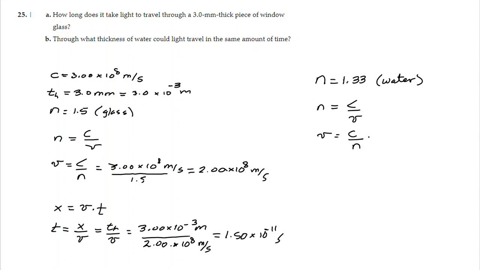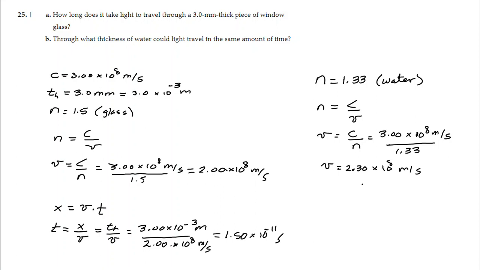So we're going to divide 3 times 10 to the 8 meters per second by the index of refraction, which is 1.33, and we're going to get that the speed of light in water is 2.3 times 10 to the 8 meters per second.